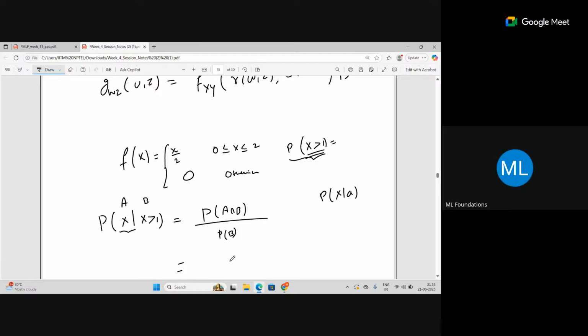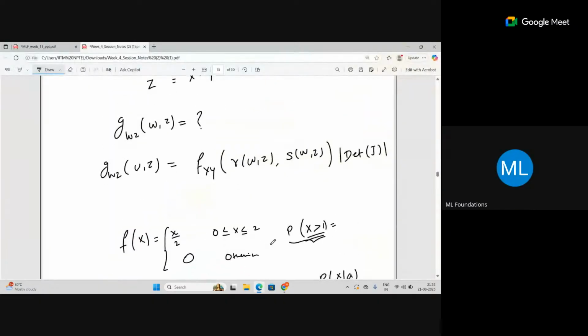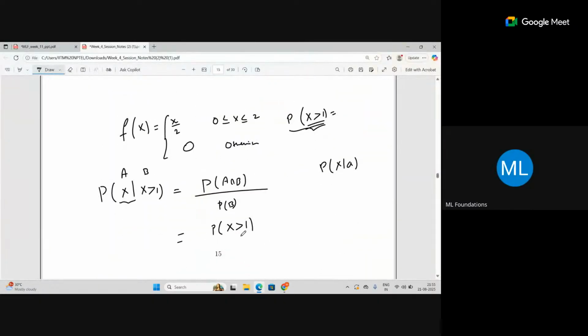So the common part is actually finding the probability that x is greater than 1, right? Yes, sir.